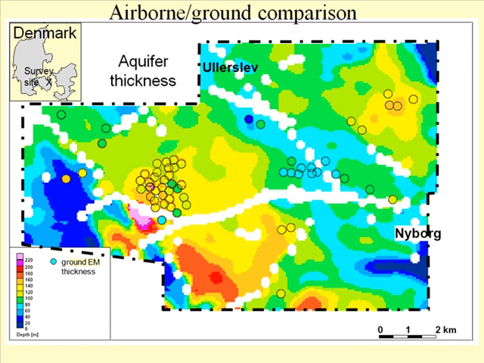The colours inside the circles are from the ground survey, the colours outside the circles are from the airborne survey, and you can see in most cases the colours inside and outside agree. The interesting thing is that it took about 2 days to collect the airborne data, but it took many, many weeks to collect the ground data. So it can be a lot more efficient to survey for groundwater with an airborne method.